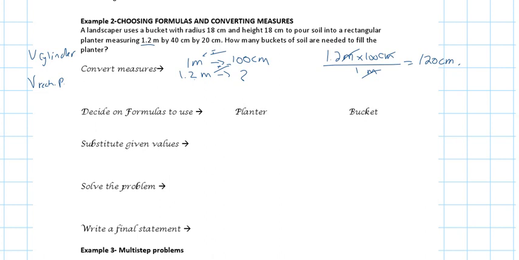Now, decide on the formula to use. We've already talked about this. We've already decided that we need the volume of the planter and we need the volume of the bucket. Okay, I need you guys to look at your formula sheet and tell me what is the volume of my rectangular prism. And what would be the volume of the bucket?